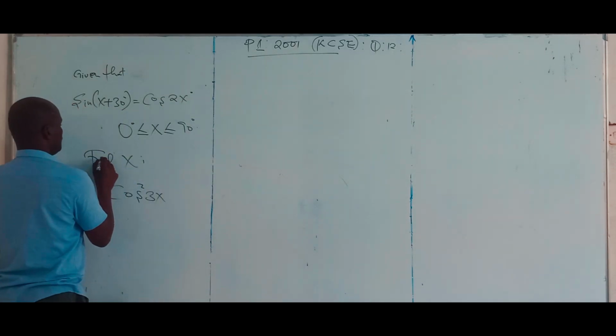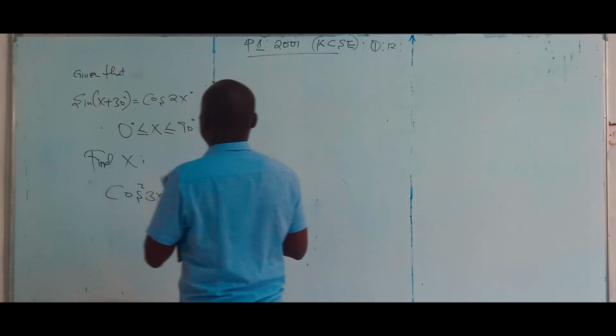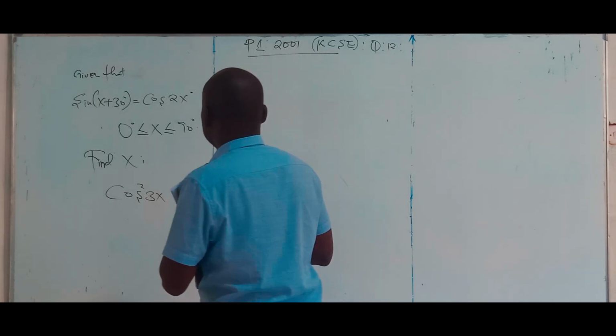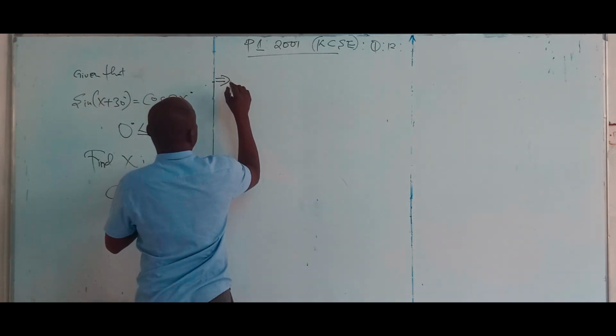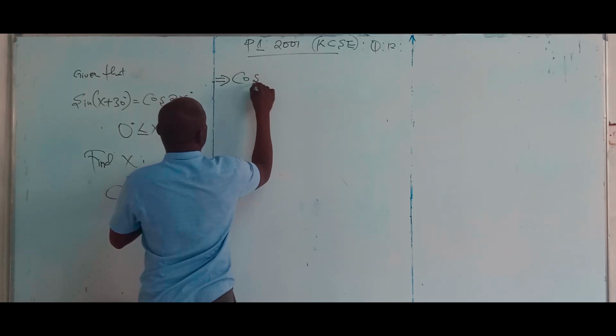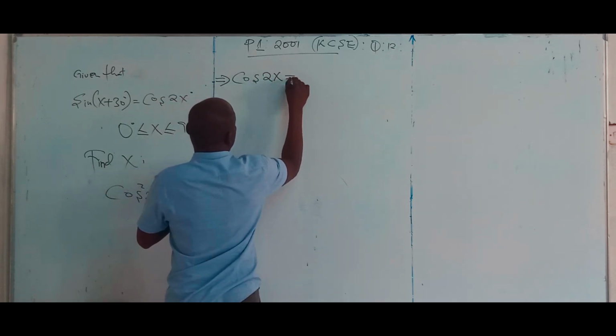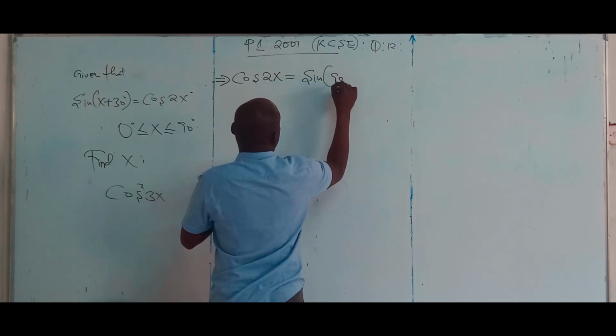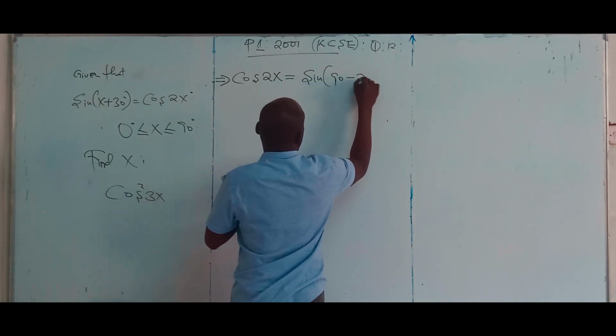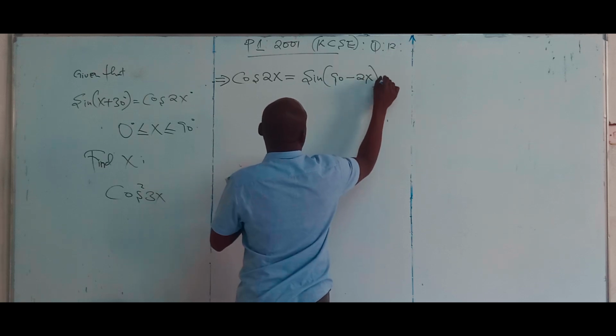So first we should recall that cos 2x should be sin of (90 minus 2x).